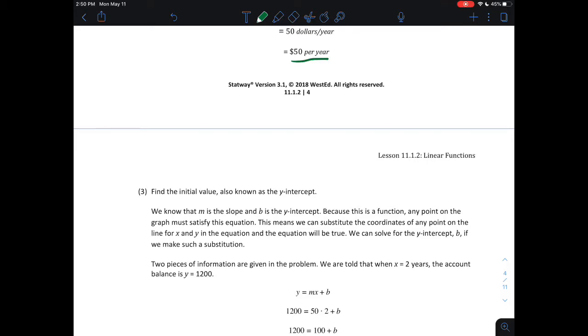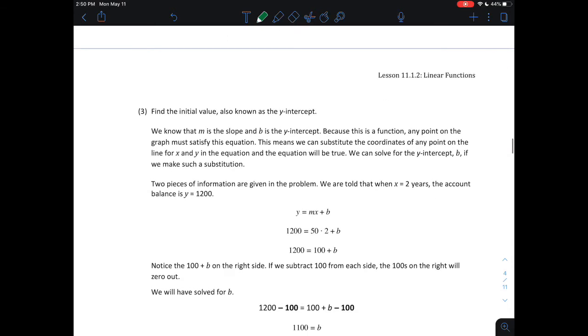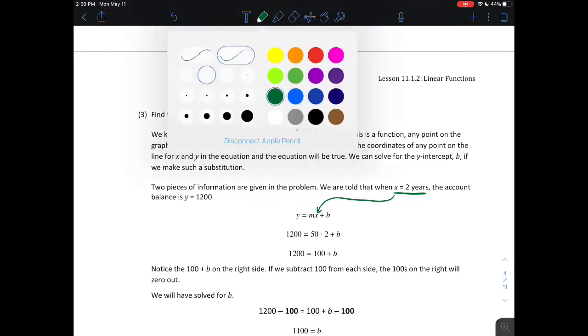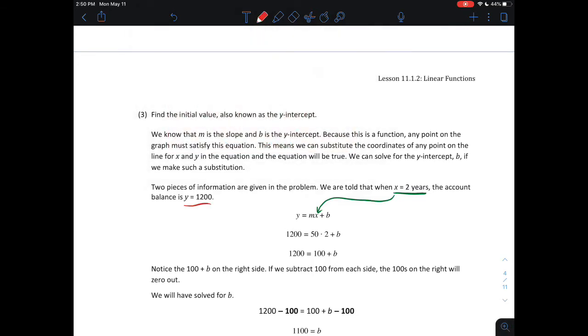So 2 pieces of information are given in the problem. We are told that when x is equal to 2 years, the account balance is y equal to 1,200. So notice what we're about to do. We're going to take the x, which is 2, and put it in for the x in the equation. We're going to take the y, which is 1200, and put that in for y.